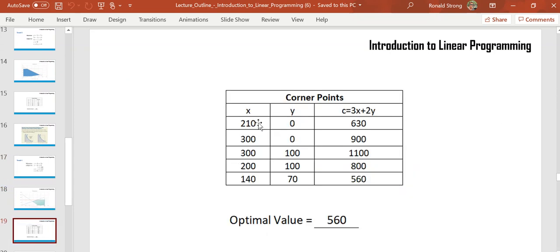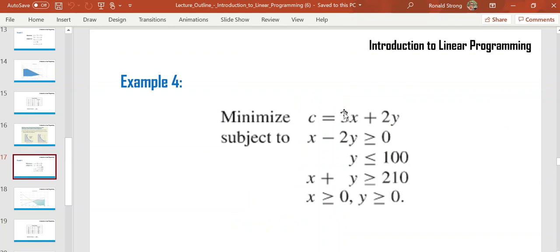Here I've put all of the corner points into a table. And again, you don't need to make a table, but it's helpful. And here's my objective function. So we insert all of the x and y values in each corner point into the objective function. We are looking for the smallest value, because remember, we're looking to minimize.